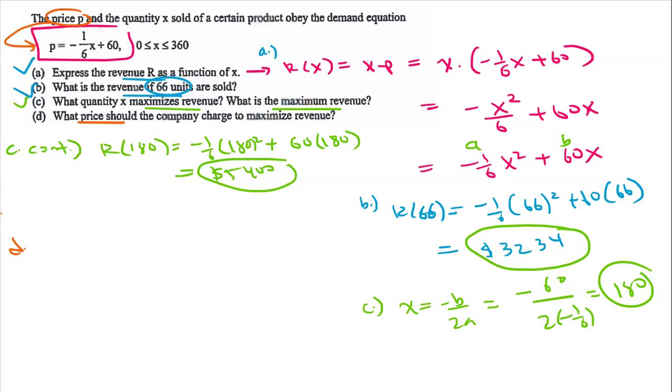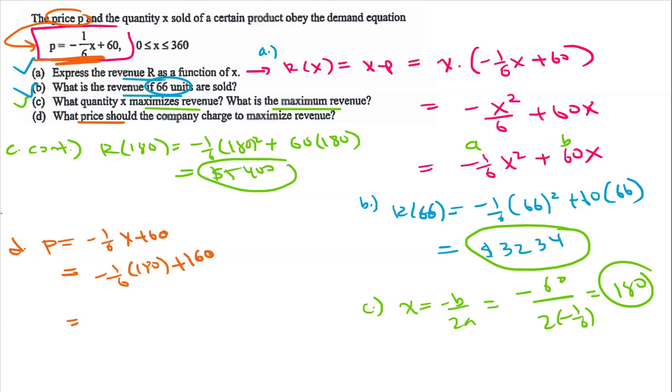Now we just need to figure out what the price should be. So P is equal to negative 16X plus 60, and we just plug in 180 for X.